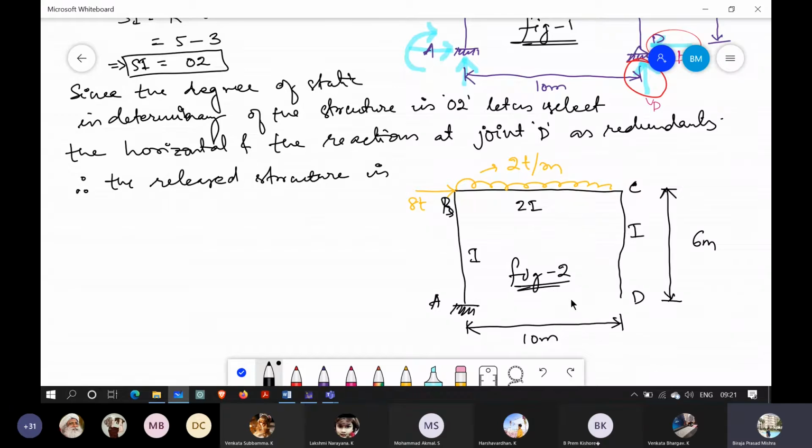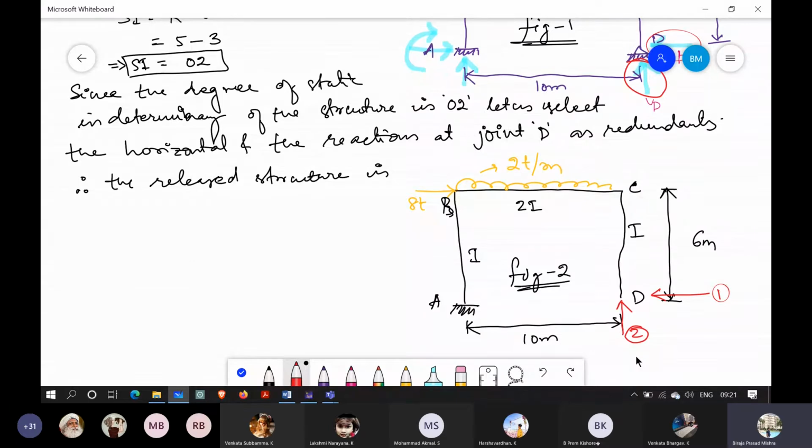Here I am putting coordinate 1 and here coordinate 2.